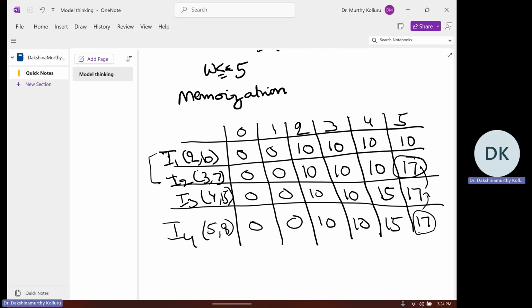So once I compute the memoization table, this is the highest value, but I will check where it originated, because if this was 17 and all others were lower than that, then this combination would have been the best. But here, this did not originate from here. This came because I didn't include this, and I didn't include this also. I included this. So this is how memoization dynamic programming problems are done.